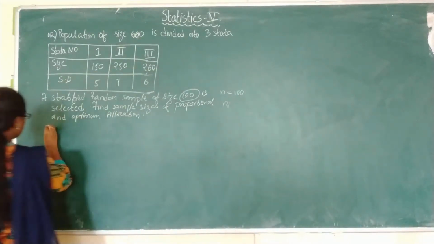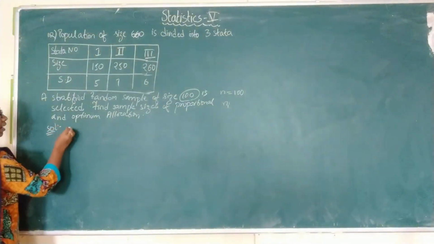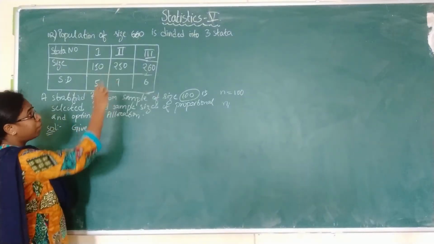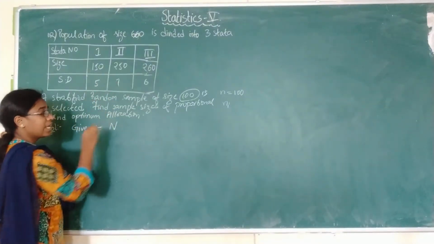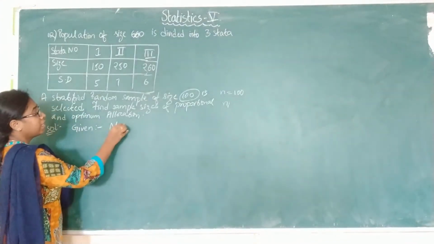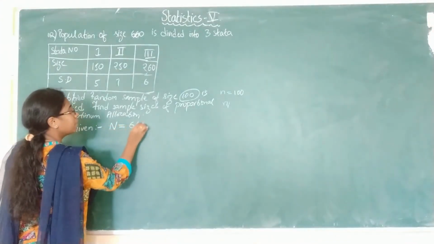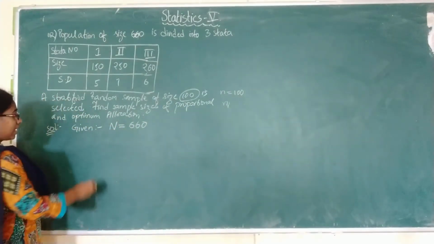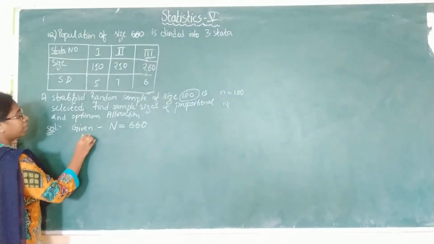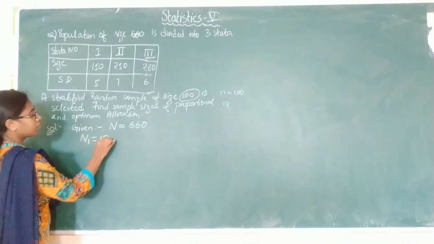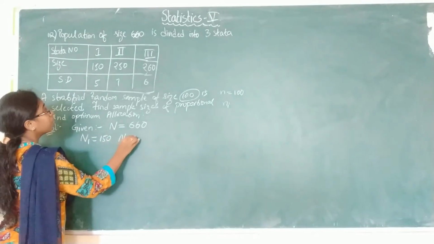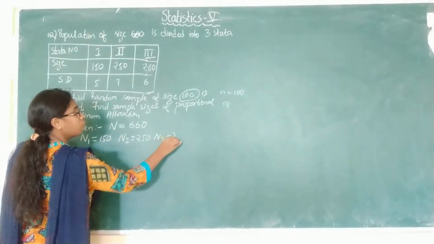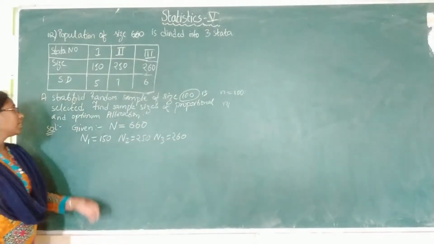Coming to the solution, first of all write down all the given values. The population size is denoted with capital N, so N equals 660. Similarly, three strata are given and the strata sizes are N1 equals 150, N2 equals 250, and N3 equals 260.